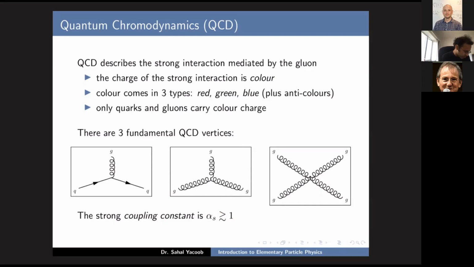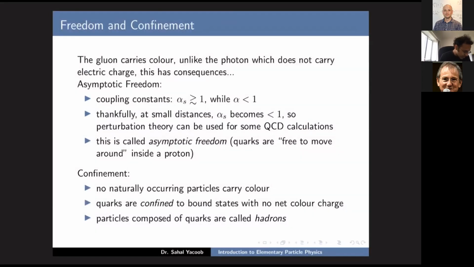Remember, alpha was 1/137. The higher order diagrams gave us more factors of alpha, and because there were more factors of alpha, they were suppressed further. With the strong coupling constant, because alpha is approximately equal to 1, that doesn't happen. So in principle, we need to sum everything.